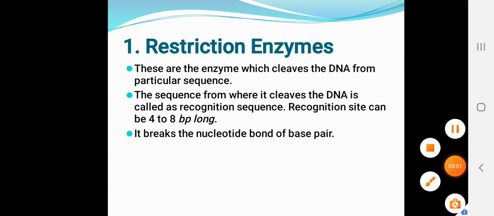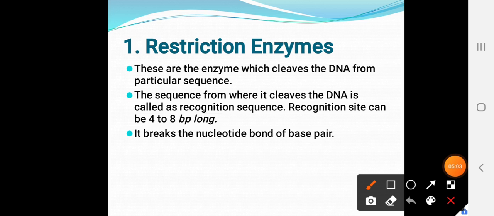First of all, restriction enzymes. These are enzymes which cleave the DNA at a particular sequence. Cleave means cutting the DNA.